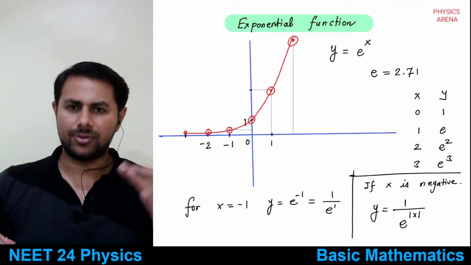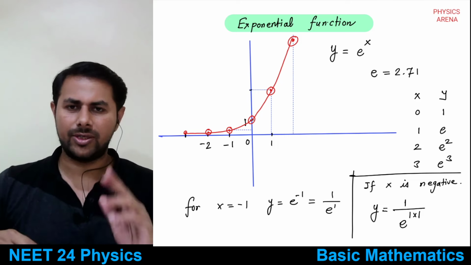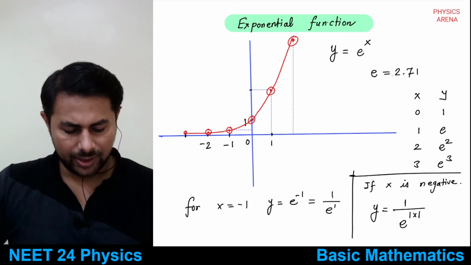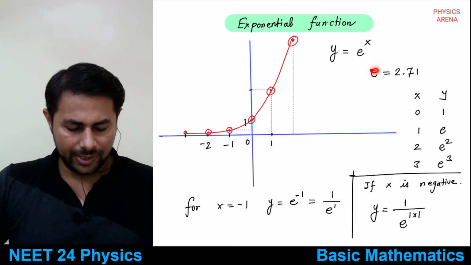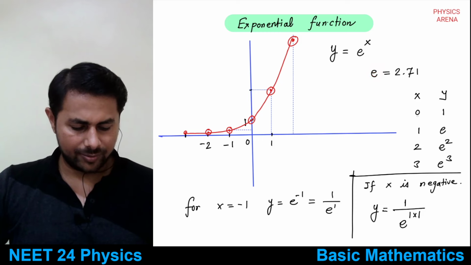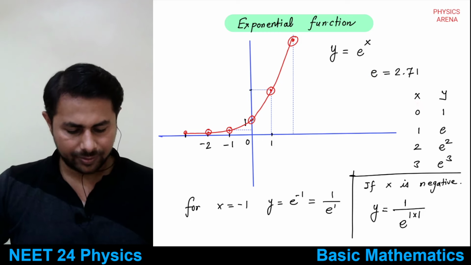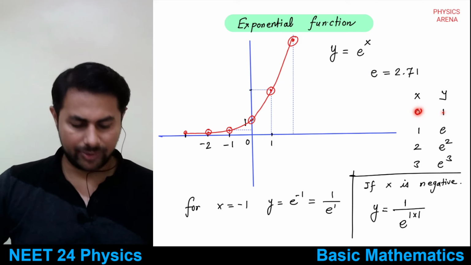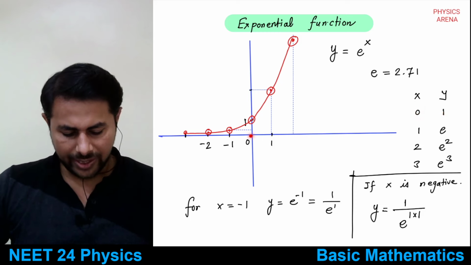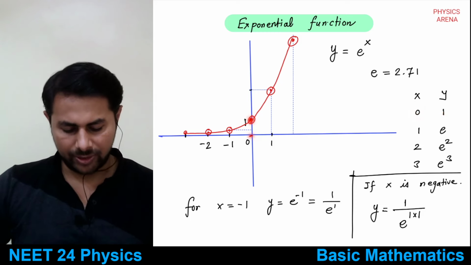So e raised to 0 is also equal to 1. So for x equal to 0, y is equal to 1. So you get this point. This is your first point.